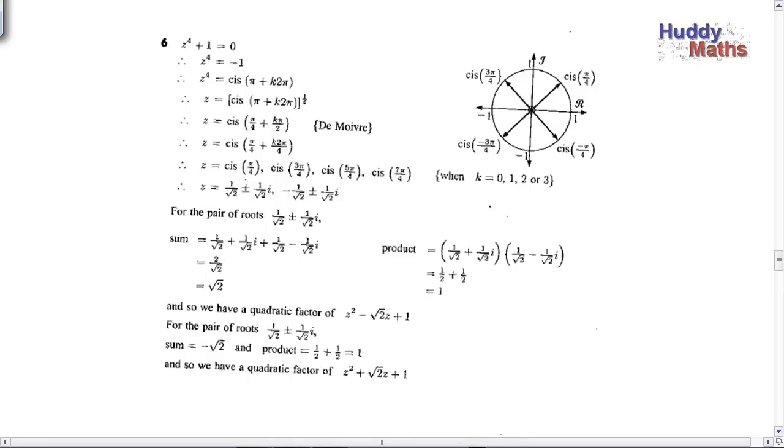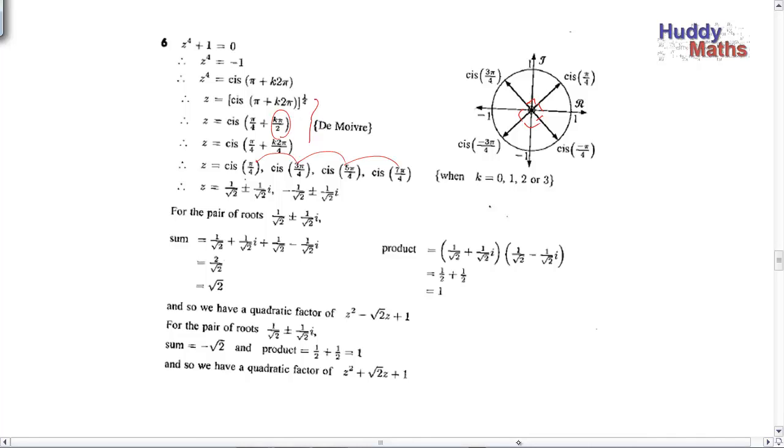All right, so here we are. How did you go? Did you spot that it's going to be 4 lots of 90 degrees separating it before you drew that? And here's the step up here. A quarter of 2 pi is pi on 2. So you're going to pop pi on 2 on every time, because you're going around 2 pi, and then de Moivre's comes along and finds a quarter of that.